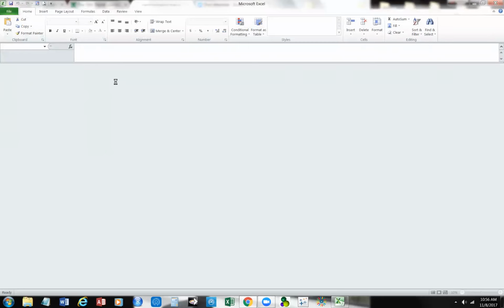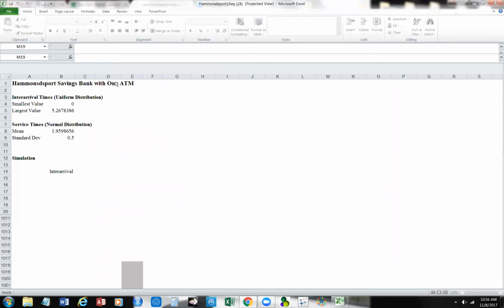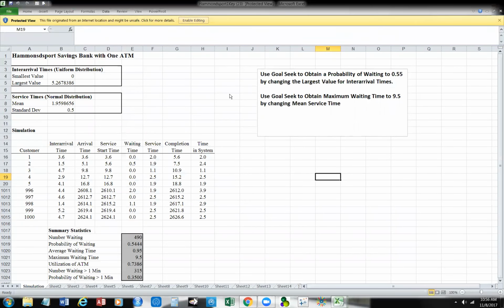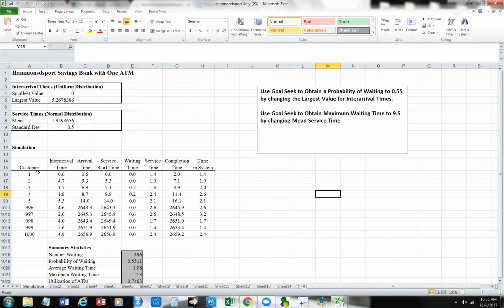Hammondsport 1 is where, as I mentioned in class, we have one ATM, and we simulate the arrival times using the random function. Come down to row 15 and you'll see the labels. Then rows 16 through 20 are customers 1 through 5, then the last 5 customers. We have a whole bunch of rows hidden, so we're not scrolling up and down, and we froze the pane there.